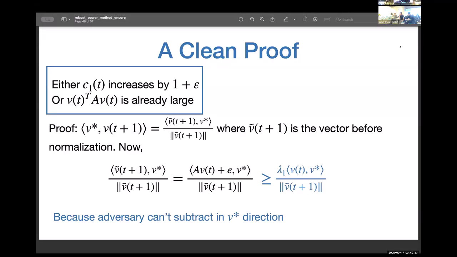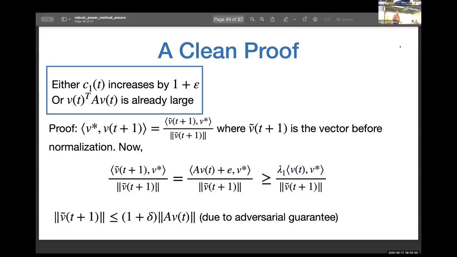And of course, like I said, the adversary cannot hurt me in the top direction. So I still get this lambda 1. This v star dot e is non-negative, so I can just drop it. So I just get this lambda 1. And of course, I'm going to keep track of this normalization. So far it's sort of like exact analysis in some sense. I'm just following it very closely.